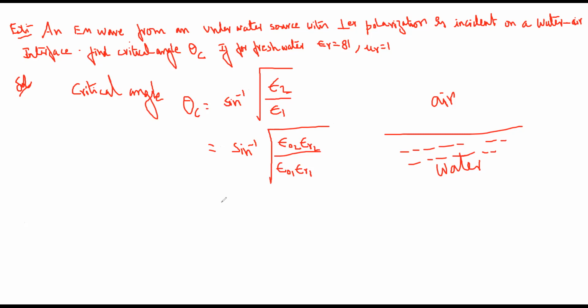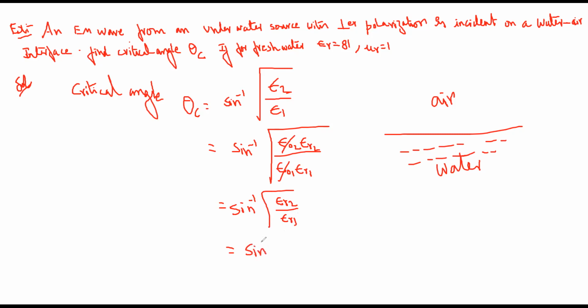Both epsilon naught are the same, 8.854 into 10 to the power of minus 12, so there is no change there. Only the square root of epsilon r2 by epsilon r1 remains. For fresh water epsilon r is equal to 81, so the epsilon r1 is equal to 81.